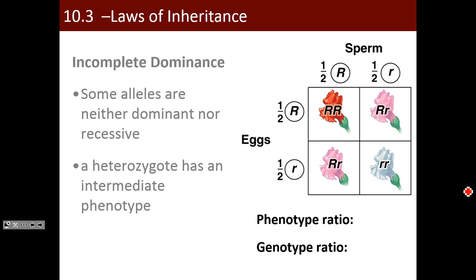Your genotype ratios are the same as in complete dominance, right? We have a 1:2:1 genotype ratio. Does everybody see that? 1:2:1. So 1 big R, 2 big R little r's, and 1 little r.